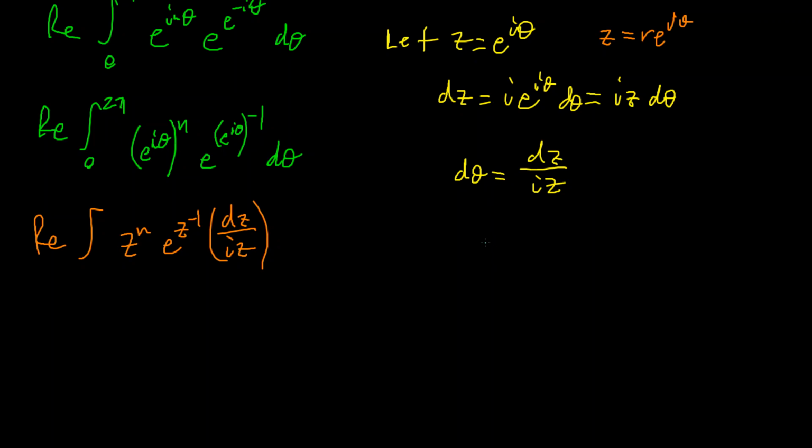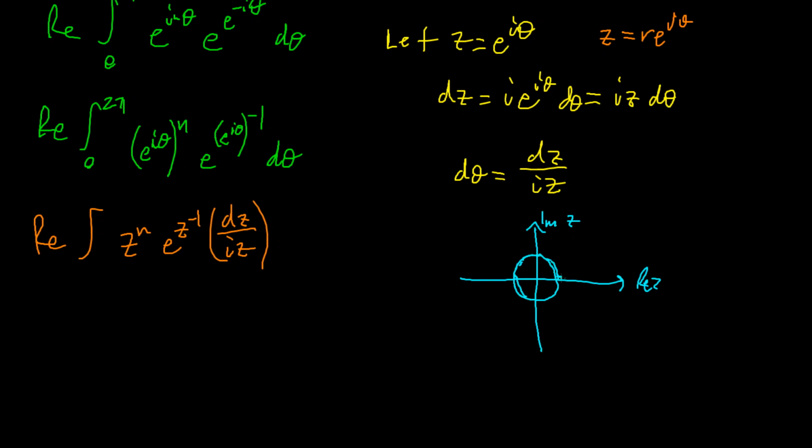So if I draw that, this here is the real axis, and this here is the imaginary axis. By making the substitution z equals e to the i theta, we have gone to an integral over the boundary of the unit circle in the complex plane.